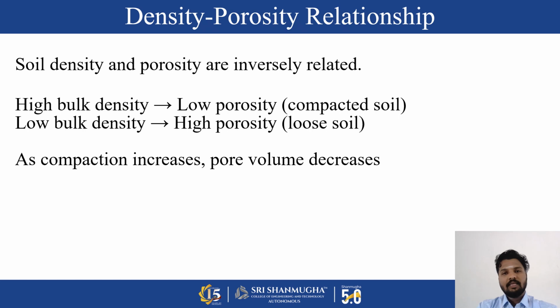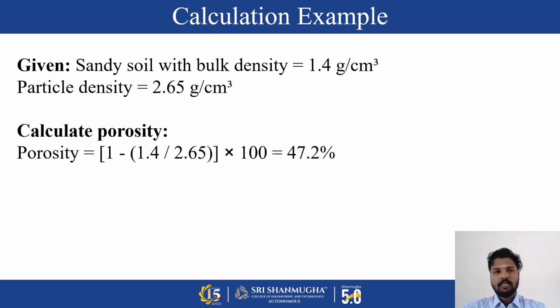In the next slide, I have given a sample problem. Here in this slide, I have given a worked out problem to find the porosity. You can see the data in this problem.